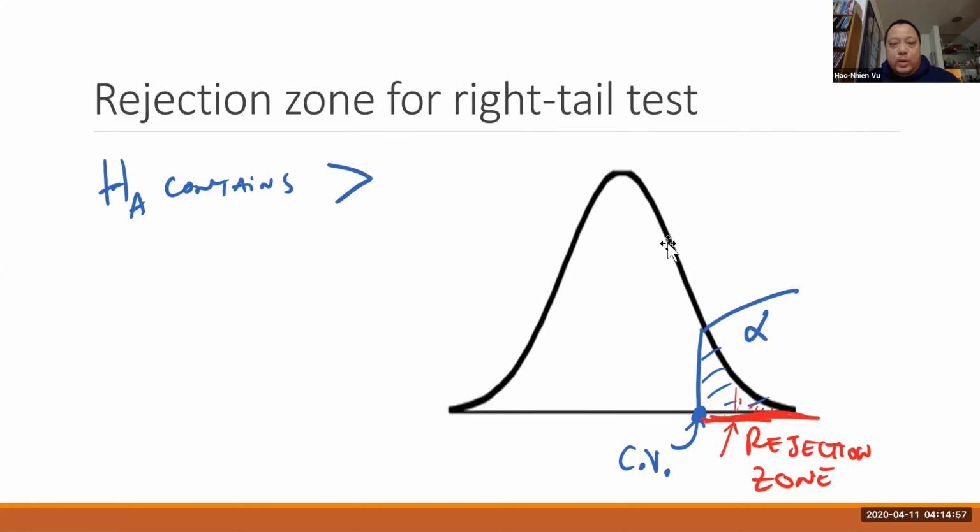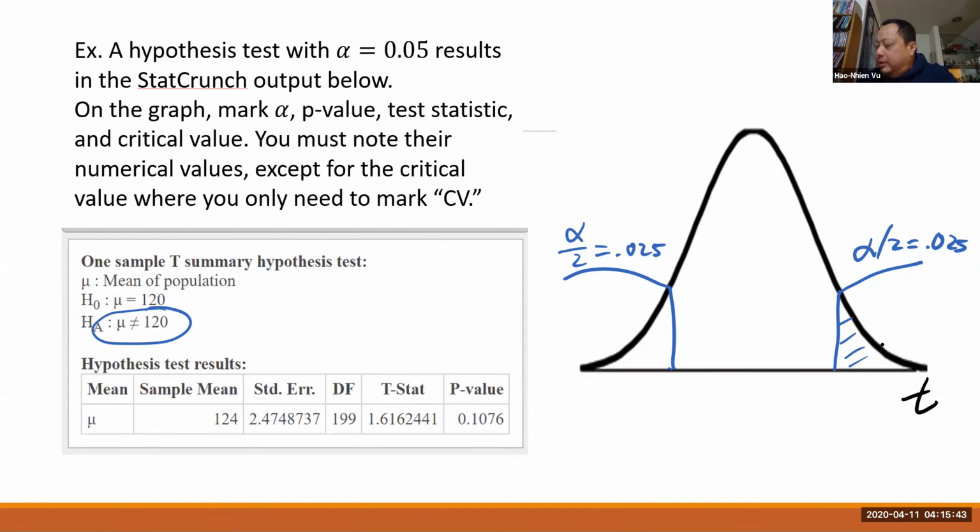If it is a one-tail test, either the right tail or left tail, I do not divide alpha. So here I have my alpha. These are areas, and it's 0.025 each. That makes this the critical value and this the negative critical value, which I don't need to fill in with a numerical value because I only need to mark CV.